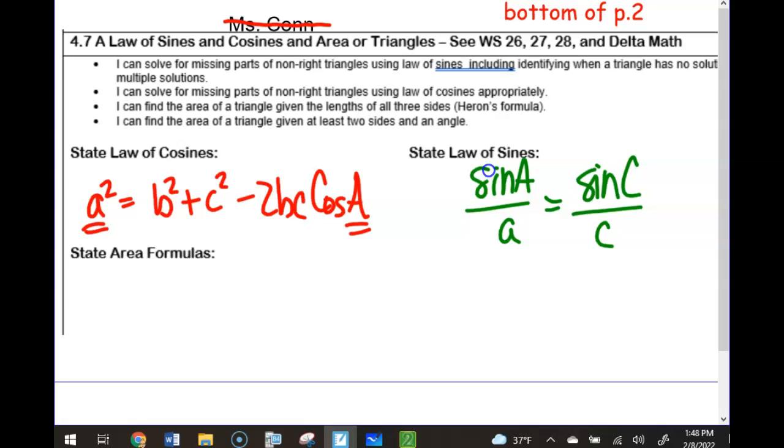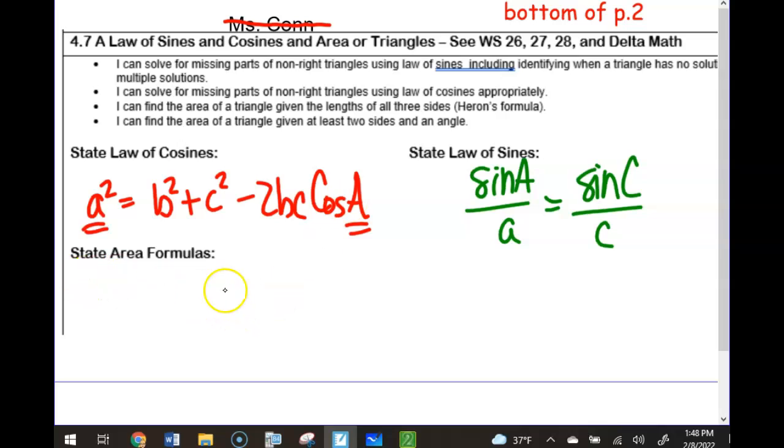Capital letters, angles, lowercase letters, sides. Now, I gotta tell you, when I glance at this on the quiz, I'm gonna go, yeah, that looks close. Because do you think you're not gonna be able to do the rest of this if you can't state those, right? So I probably won't spend a lot of time glancing that you wrote the letters correctly.